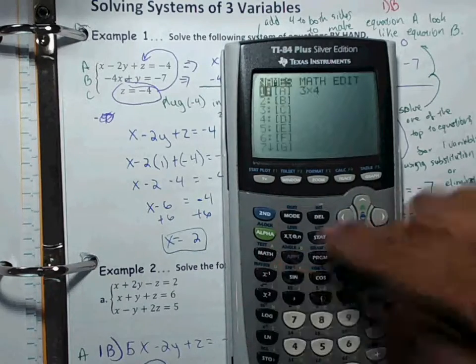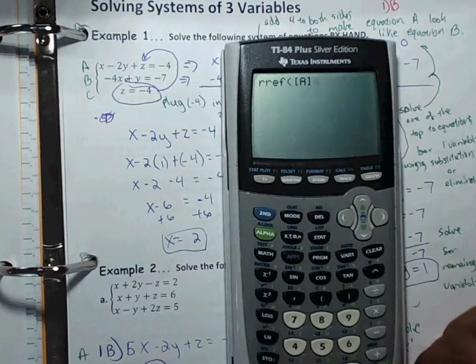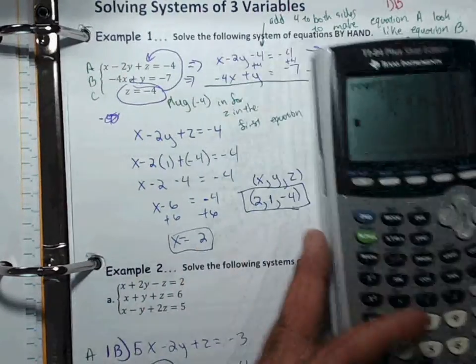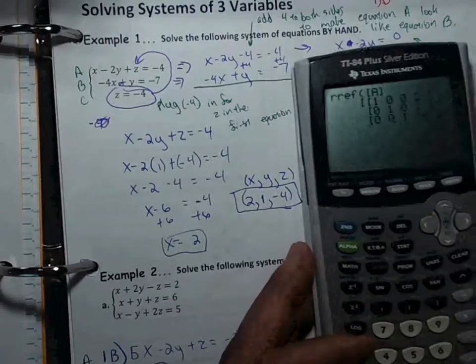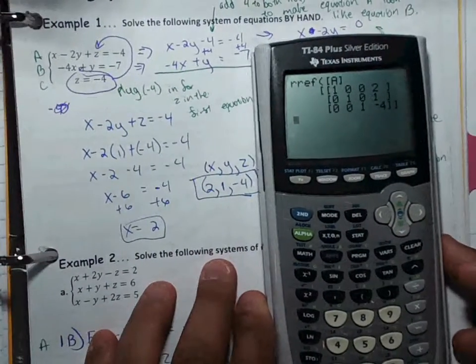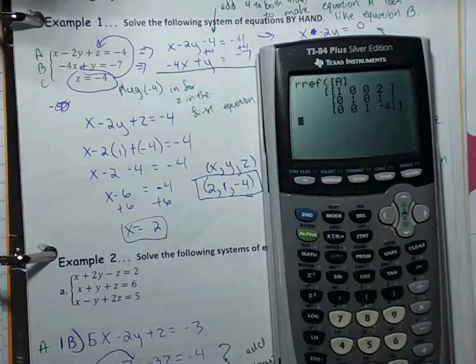So you do second matrix. We put our data in matrix A. And you push enter. And 2, 1, and a -4. We did this by hand a couple days ago, and look at what we got: 2, 1, and a -4. Look at how less work. It's a whole lot less work. Thanks, calculator. And y'all can use the calculator on some of the tests, but not all.